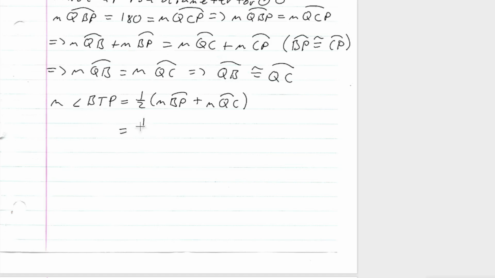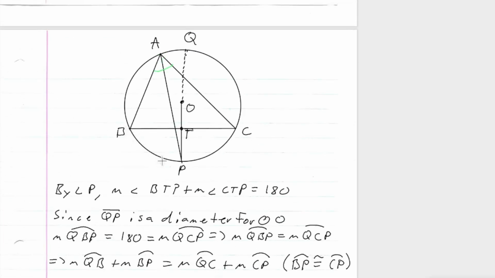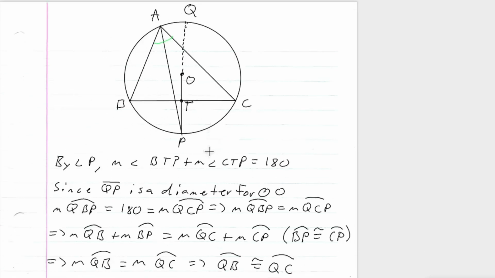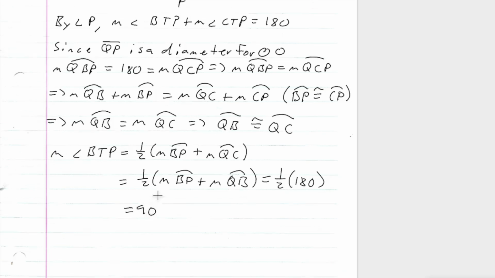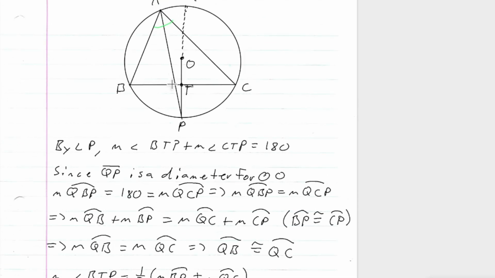So I know this is equal to half the measure of BP plus the measure of QB. Now the reason why I did that is because BP plus QB is 180, because that's a semicircle of this circle O, right? So this is equal to half of 180, which of course is equal to 90. So I know the measure of angle BTP, right, is 90.